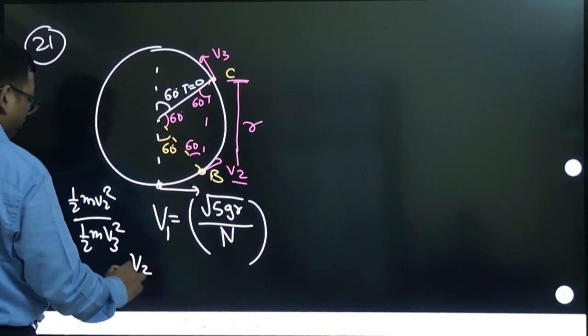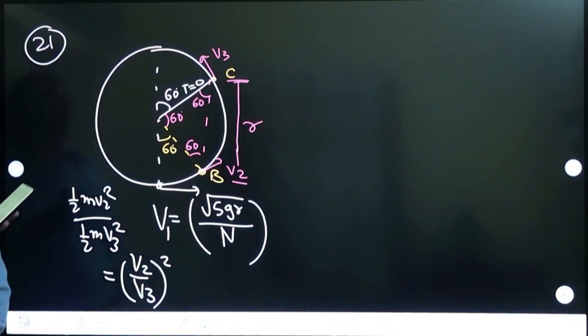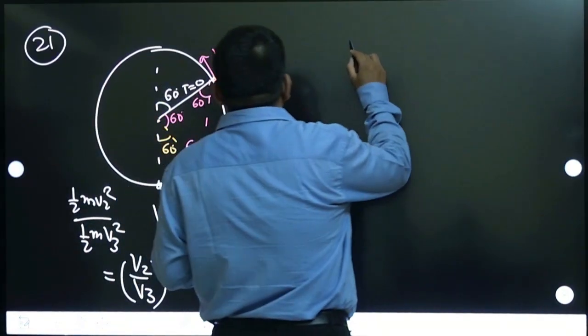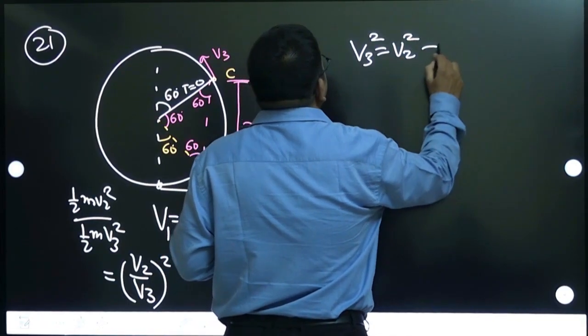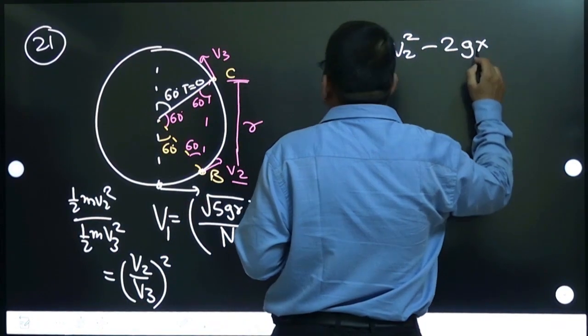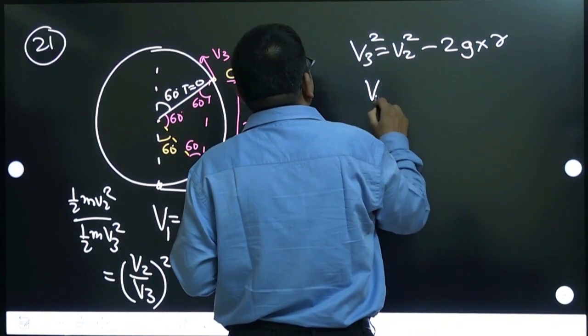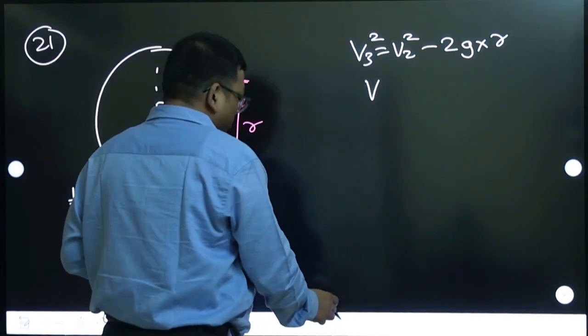That means v2 by v3 whole square we need to calculate. So here to here energy conservation apply. V3 square is equal to V2 square minus 2g into height. Height is R, right? So this relation we are getting.